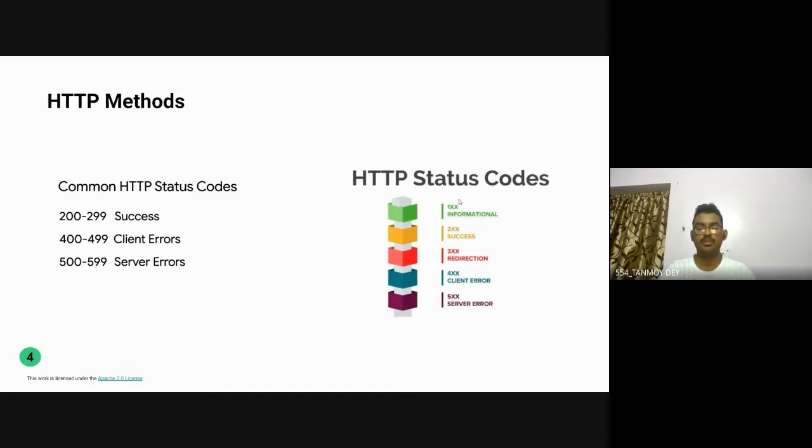Suppose we log into a web page and then the web page redirects us to some different web page. Then it returns the status codes of redirection. So basically these 5 are the status codes available for HTTP responses. However, the most common ones, as I said before, are 200 to 299, which is for any kind of success response, 400 to 499, which is for client errors, and 500 to 599, which is for server errors.